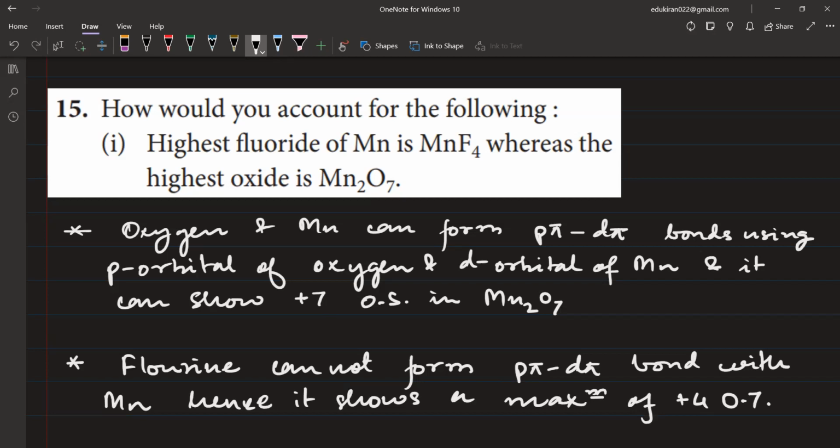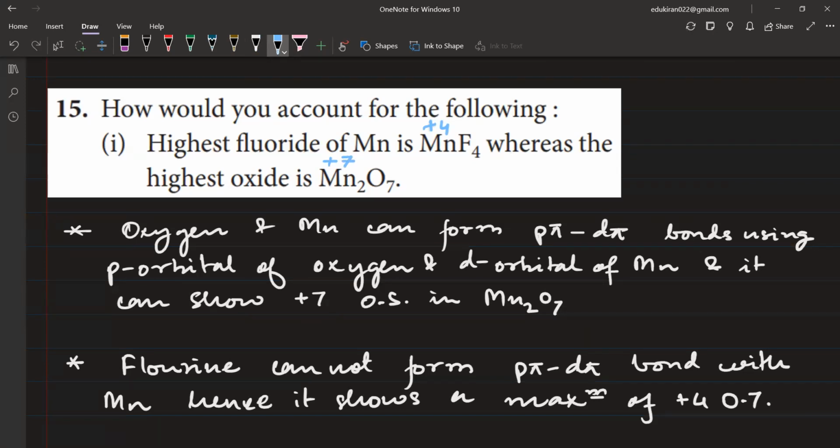Okay. Here are the 2 points. They're essentially saying that when you are having fluorine, then Mn is just showing +4 oxidation state. When you are having oxygen, then it is Mn2O7, it is showing +7 oxidation state.